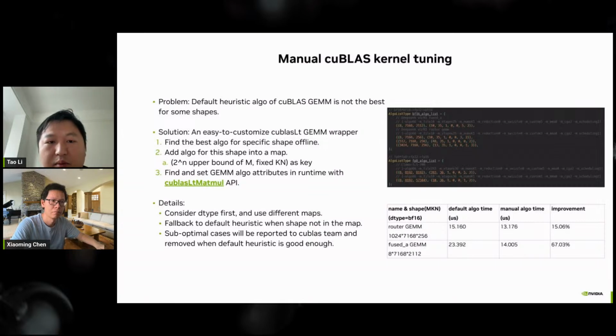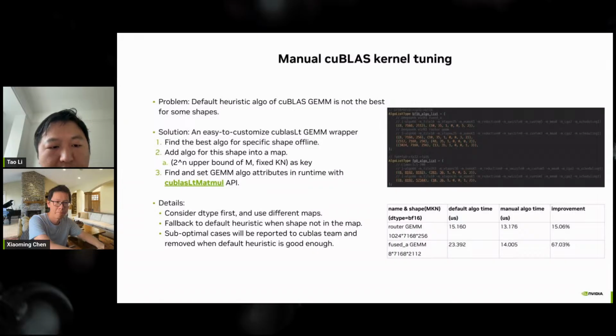Another important optimization inside the MLA layer is the manual cuBLAS kernel tuning. The problem we found is that the default heuristic algorithm in the cuBLAS GEMM may not be the best for some shapes.